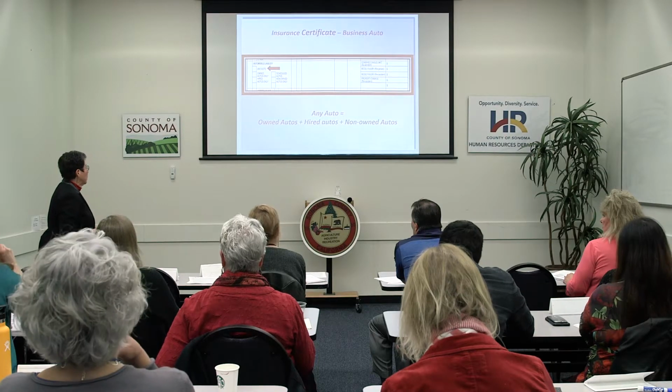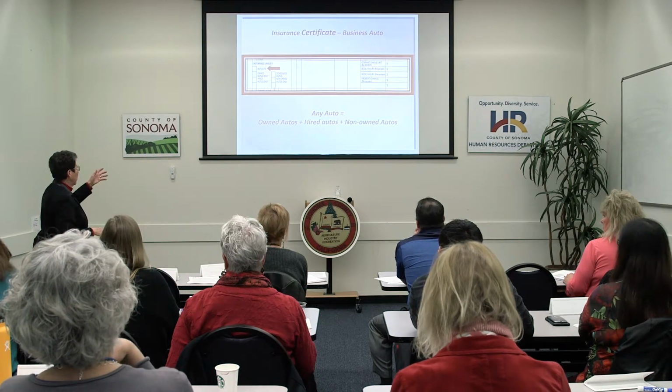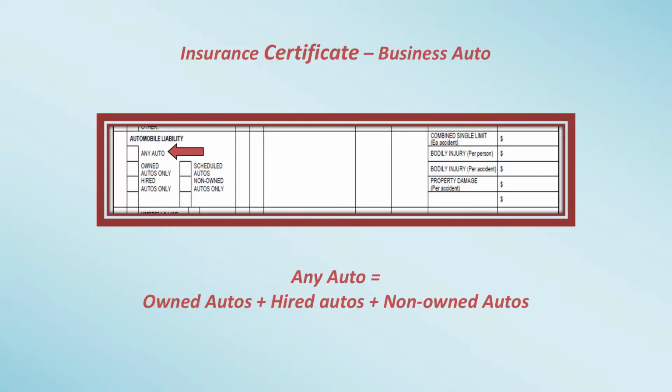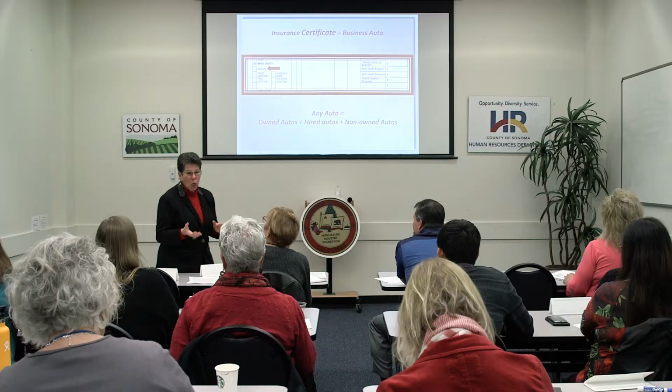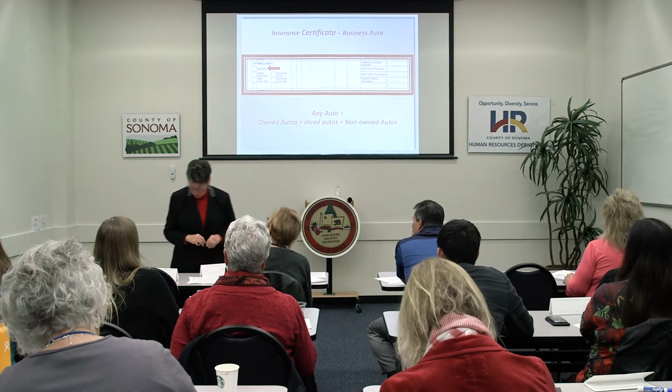Well, there's a box for owned autos, there's a box for hired autos, and there's a box for non-owned autos. A lot of times they'll check all three. But sometimes they'll check any auto. Any auto encompasses all three. If they check any auto, that's all you need. They don't have to check hired, they don't have to check non-owned, they don't have to check owned. It's all in there. So that'll do it for everybody.